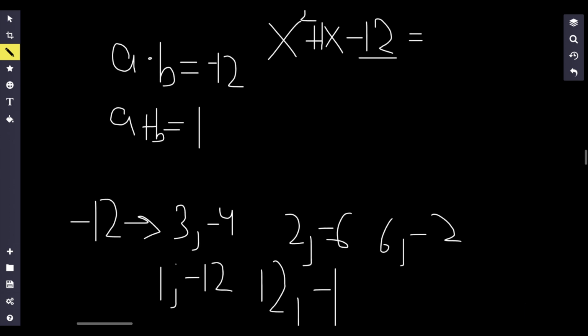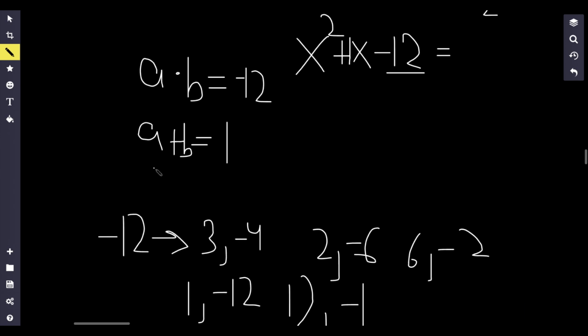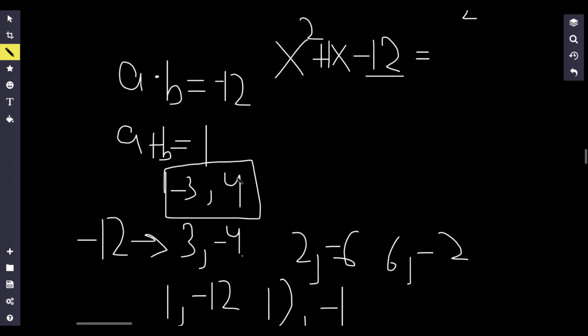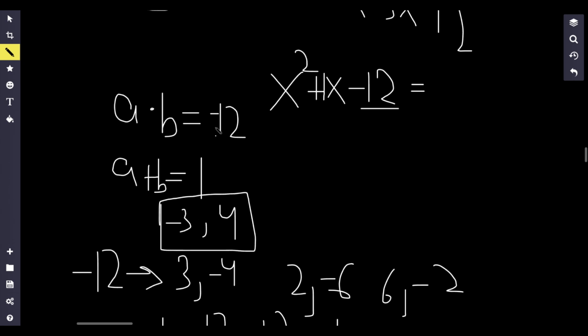You'll find that the correct combination is negative 3 and 4, because two numbers that multiply out to be negative 12 are negative 3 and 4, and they add up to 1.